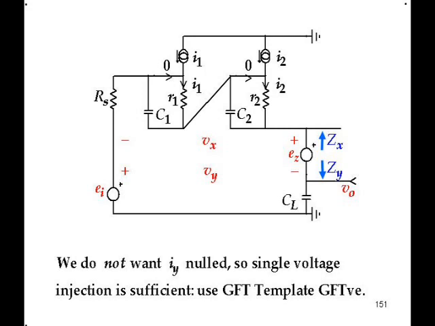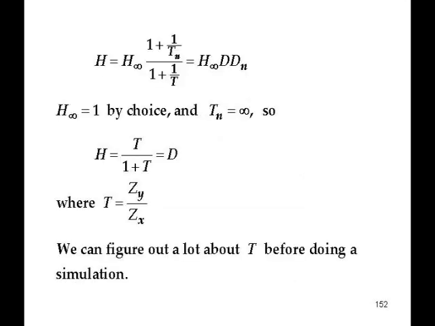That also means there's no current going back into Zx. So Vx is 0. So Tn is infinite. So the formula reduces to H equals T over 1 plus T, which is just D, and T is Zy over Zx.